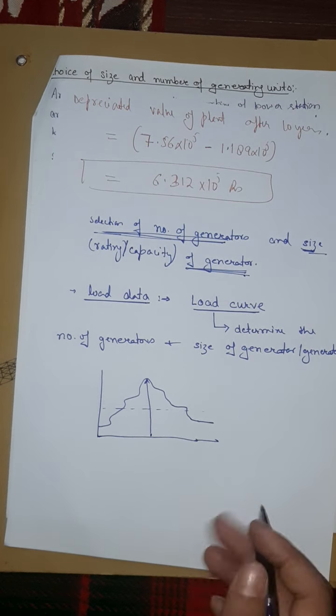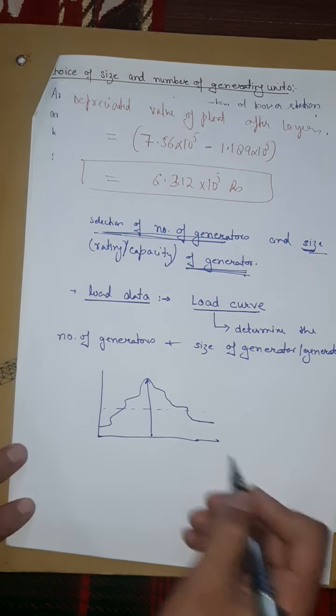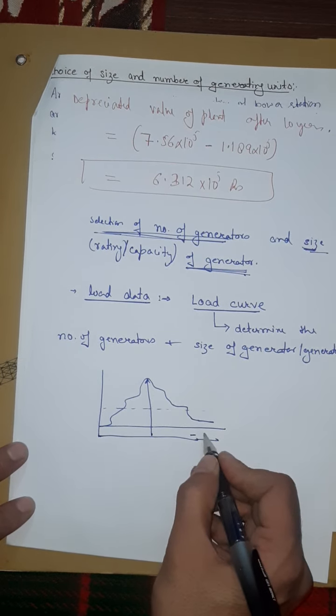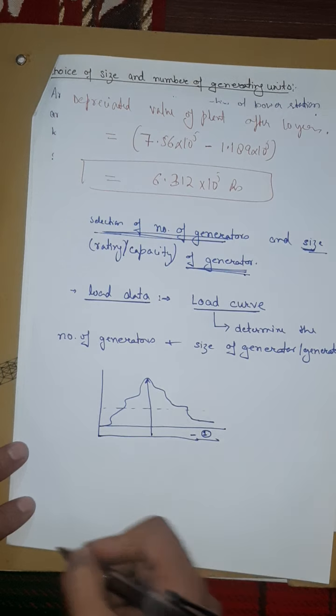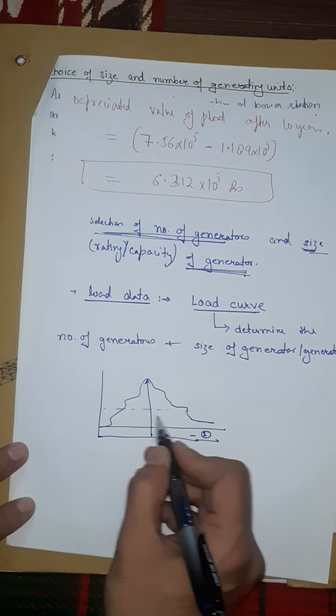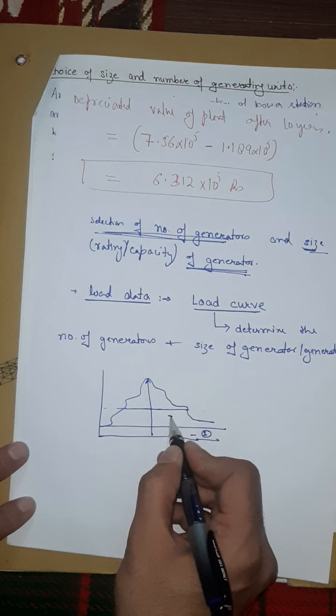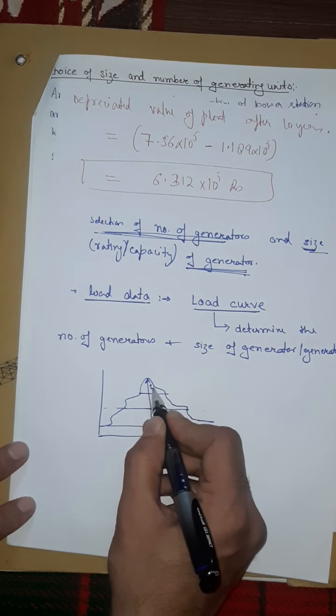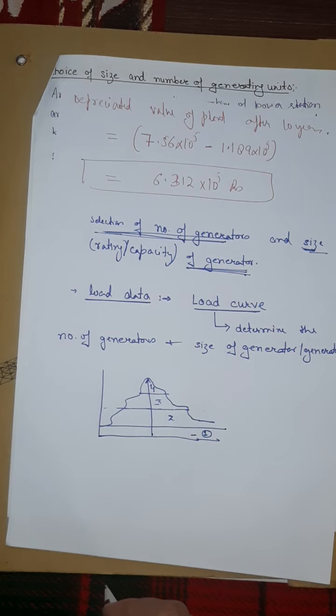So what we have to do is select a certain number of generators. This is the base load, which will be supplied by generator number 1. Then we have these two intermediate loads. This one will be supplied by generator number 2, this load by generator number 3, and this peak load by generator number 4.